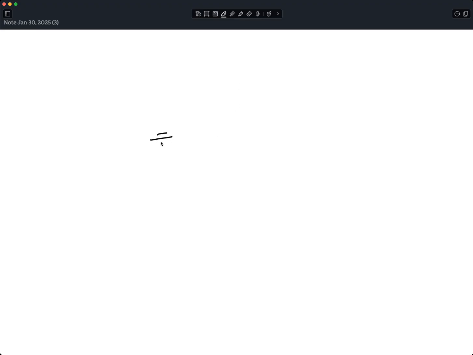Maybe take up about half a page, since this is your example. We've got 1 resistor, 2 resistors, 3 resistors. And this battery, we'll say, has 12 volts.